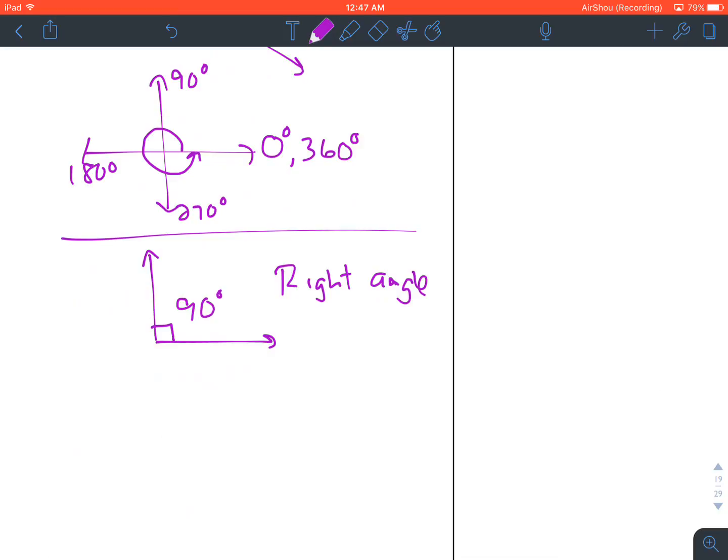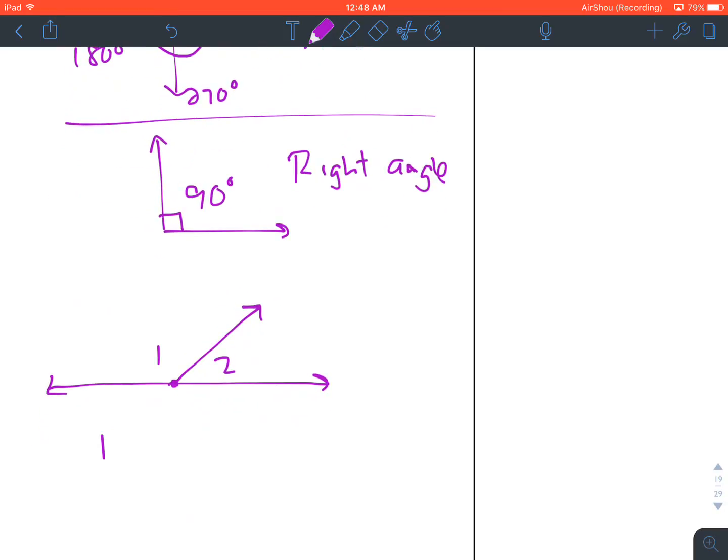If you have an angle like this, it's called a straight angle. If that is broken apart like so, angles 1 and 2 are called a linear pair.